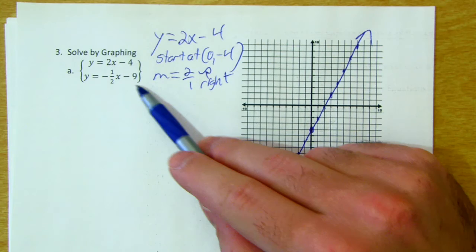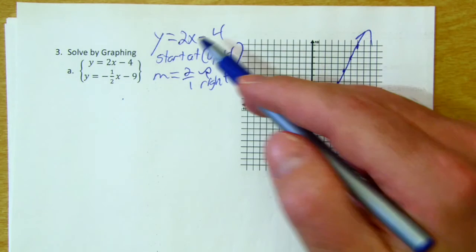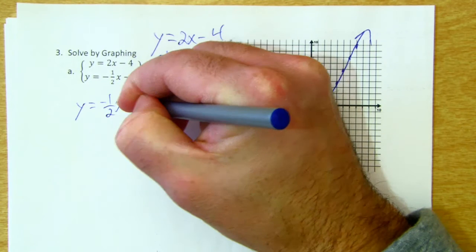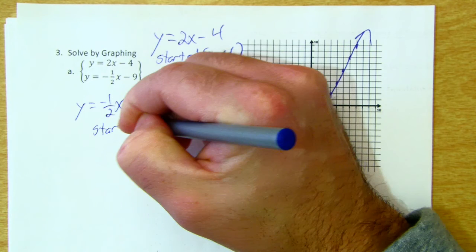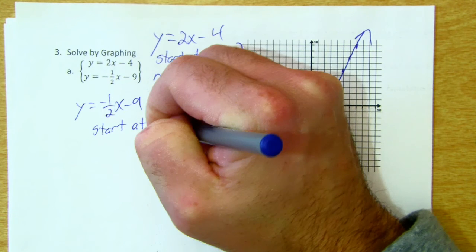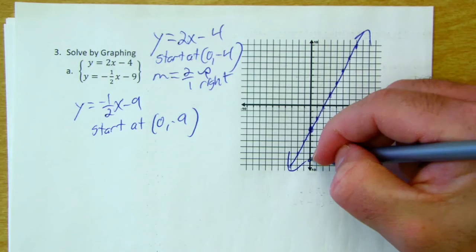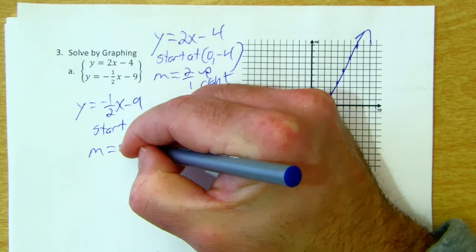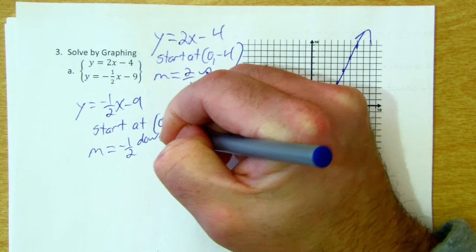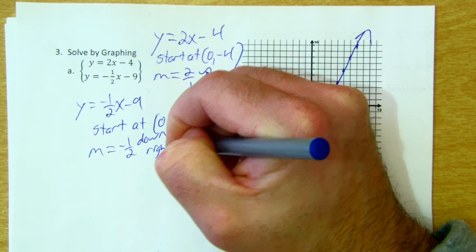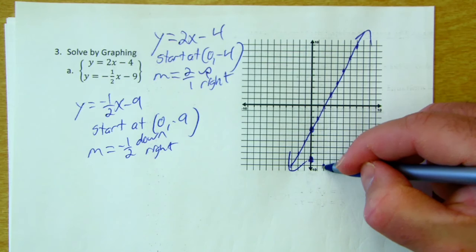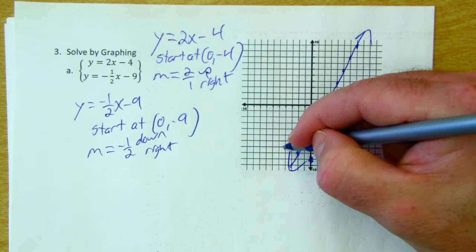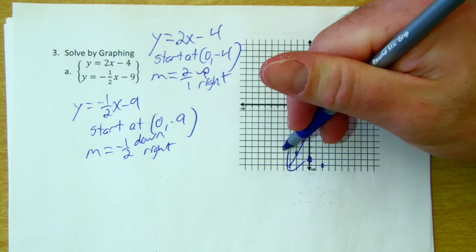Next up, we have y equals negative 1/2 x minus 9. So start at (0, -9). Slope of negative 1/2, so down 1, right 2. Down 1, right 2. That's about as far as we can go there. I can also go up 1, left 2, but just so you know what direction we're going here.